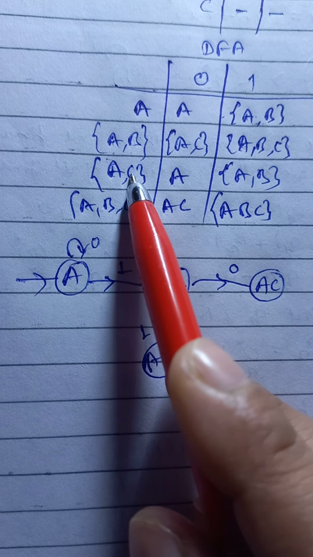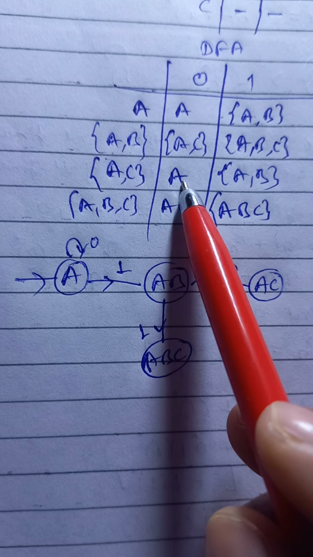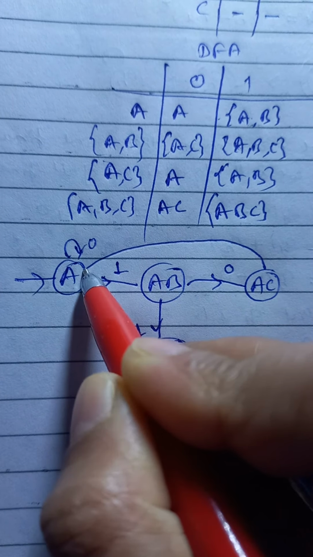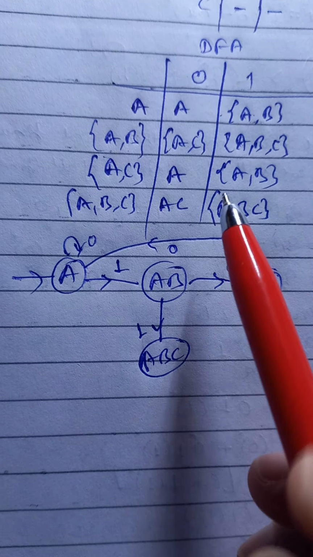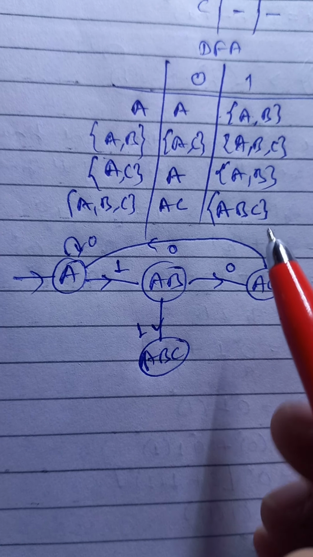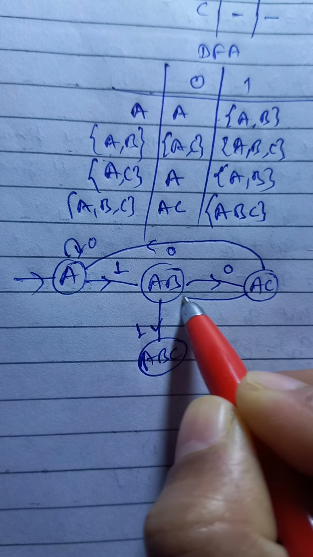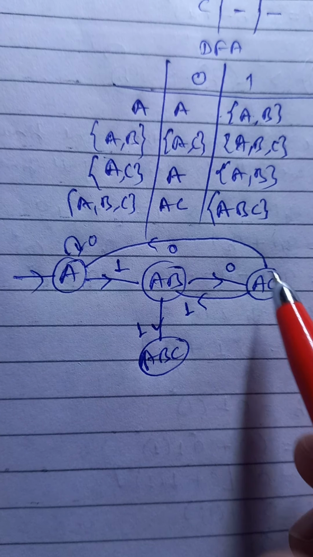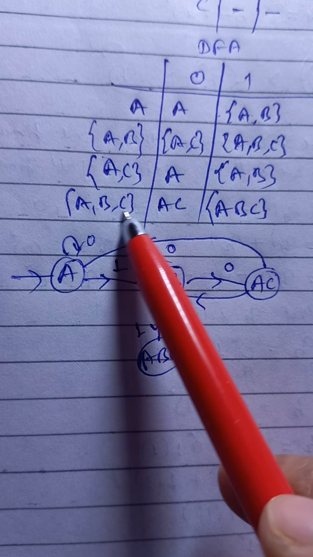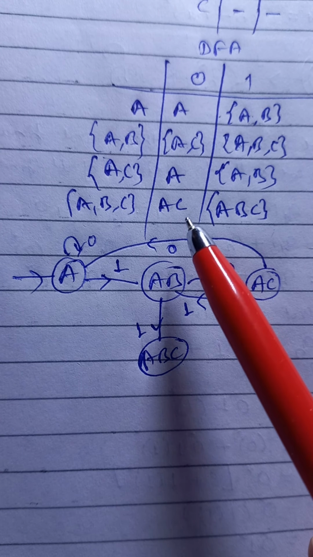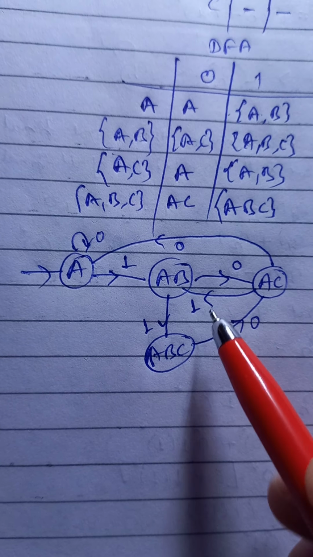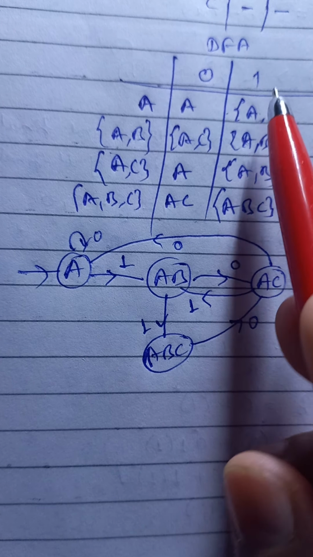Now from AC, for 0, where are we heading? Towards A. So make a transition like this, 0. And for AC, for the 1 transition, where are we heading? Towards AB. Now A is over, AB is over, AC is over. Now ABC is left. For ABC, for the 0 transition, where are we heading? Towards AC. And for ABC, for 1, where are we heading?